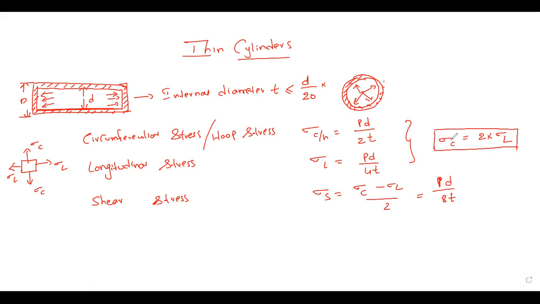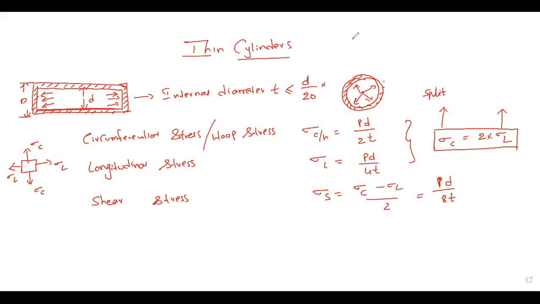The circumferential stress is the maximum, so it is going to create a failure. Can anyone tell me what kind of failure the circumferential stress will create and what kind of failure the longitudinal stress will create? The circumferential stress will make your cylinder split.